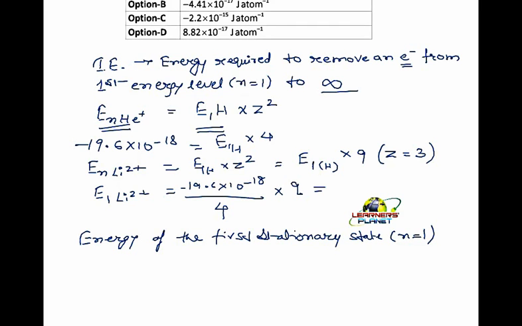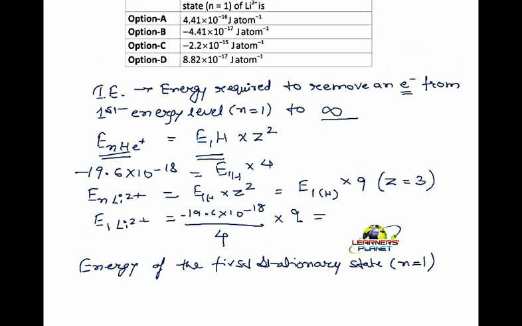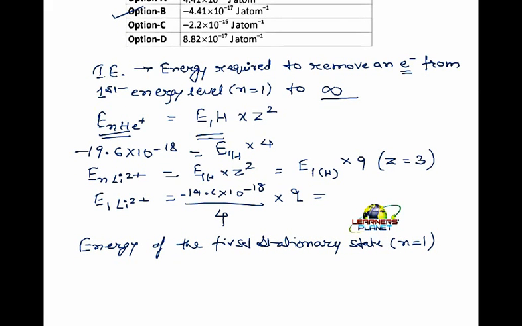So it should be approximately, what should be the answer? Say if I am making it as 20 and I'm making it as 10 divided by 4, so I can't make it 5, I have to take it a little less. So it should be minus 4.41 into 10 to the power minus 17. Right? You should just take the approximate values, just round it off.